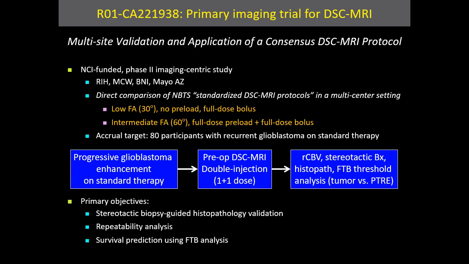This is NCI funded at 4 participating sites, and it is providing a direct comparison between this low flip angle, no preload scheme and the intermediate flip angle, full dose preload scheme using stereotactic guided biopsies of patients with recurrent glioblastoma on standard therapy. So we're going to establish the tissue validity of this low flip angle technique and demonstrate its performance in comparison to the thus far reference standard.